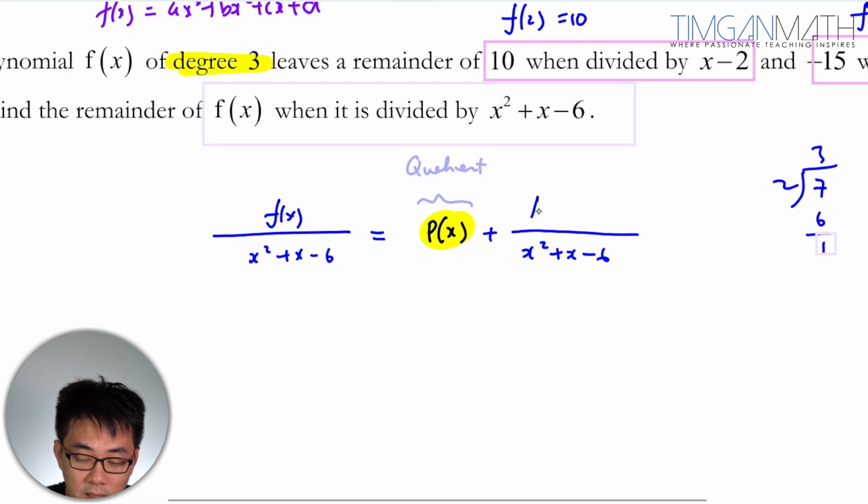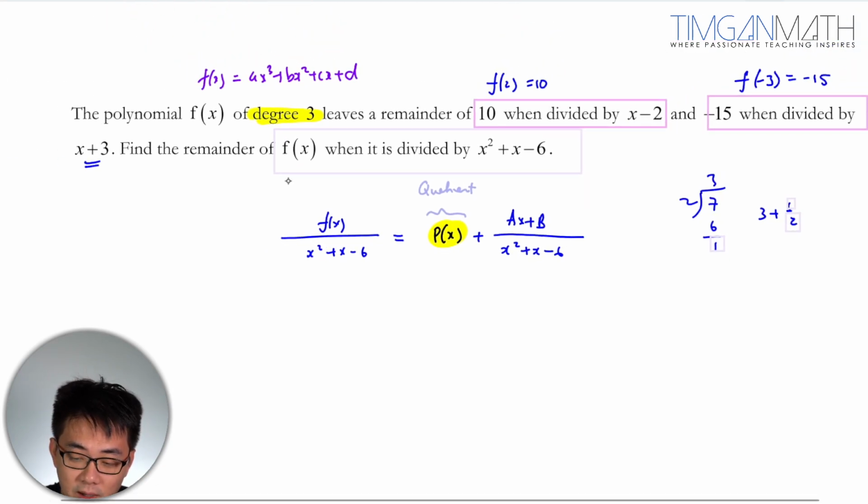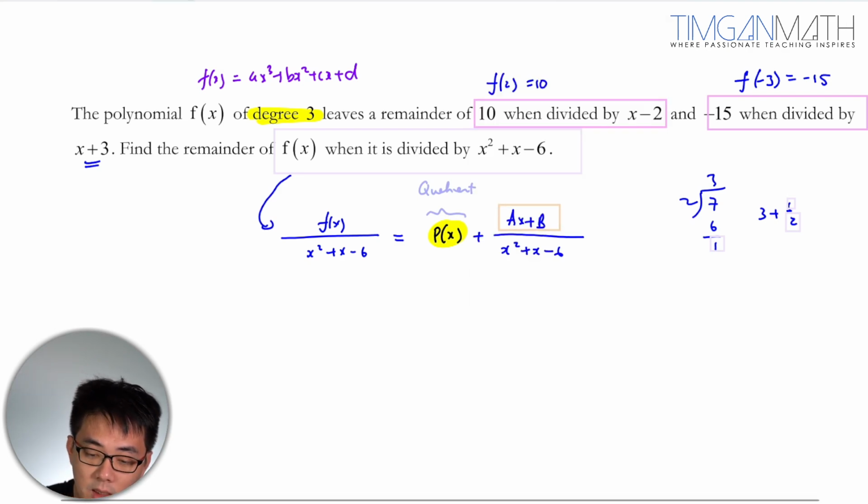So what we'll get is actually ax plus b. And we don't really need to worry about this p(x) here, it will settle by itself. So this is what you should be able to tell when divided by this. What we want to find is this remainder here. This is what you need to find.